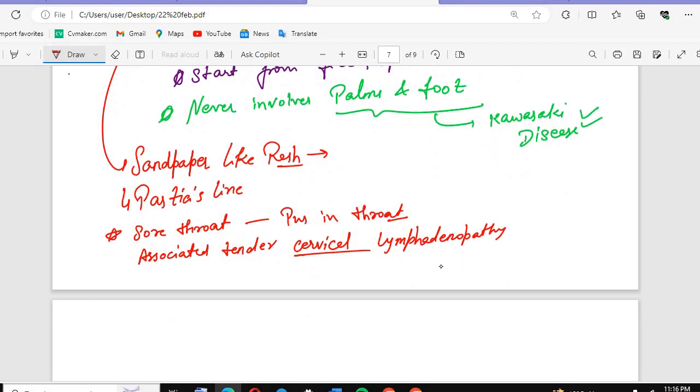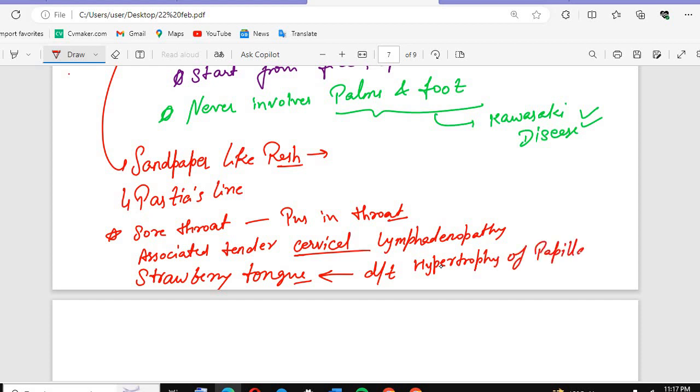And one more thing, we have just studied the strawberry tongue. The strawberry tongue is also seen in scarlet fever. What is it due to? It is due to hypertrophy of papillae and due to intense inflammation.